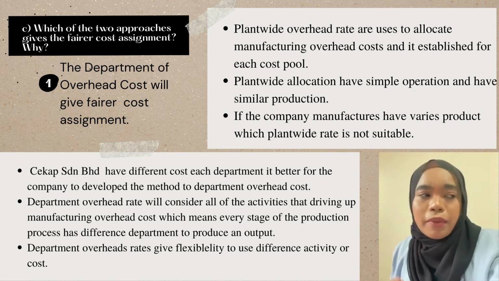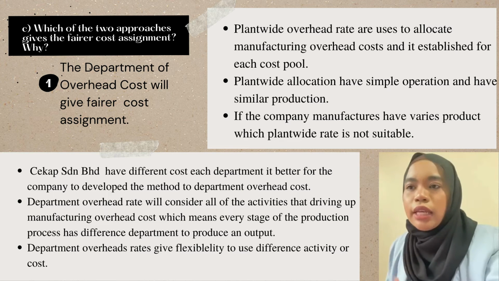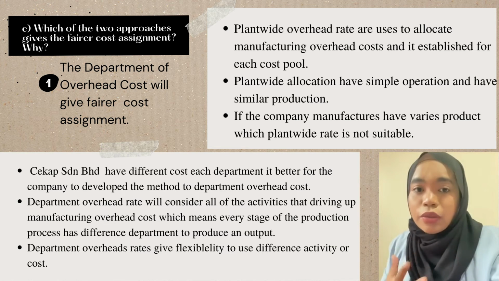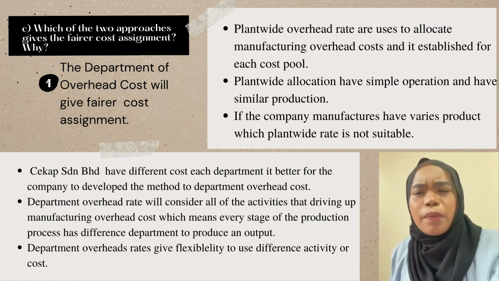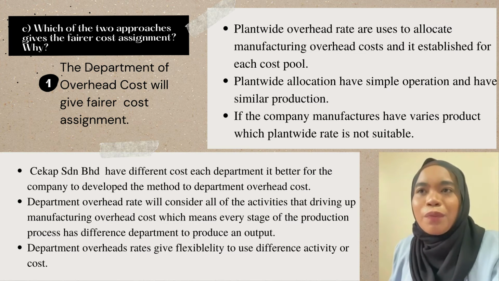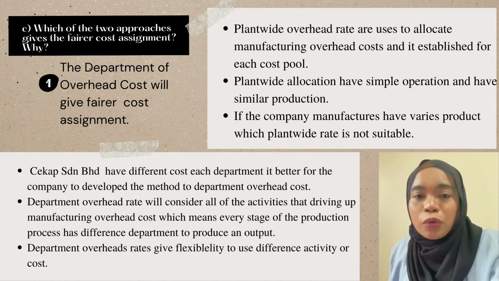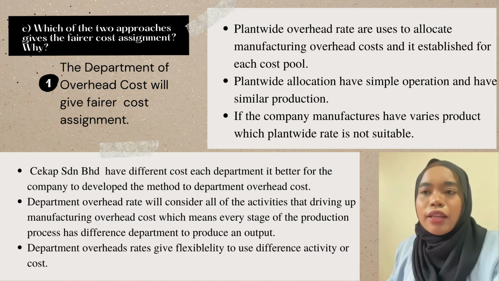Why? Because department overhead rate will consider all the activities in manufacturing, because manufacturing production has different processes, with different departments to produce an output, which also leads to different overhead costs. So it's not fair for the company to put all the overhead rates the same.